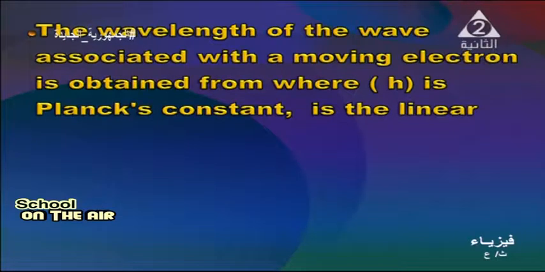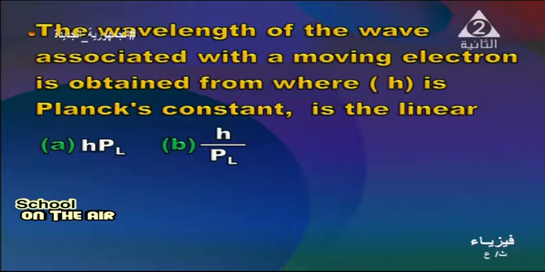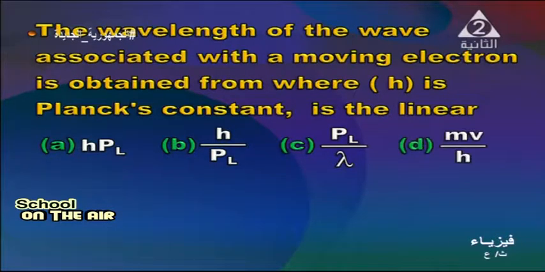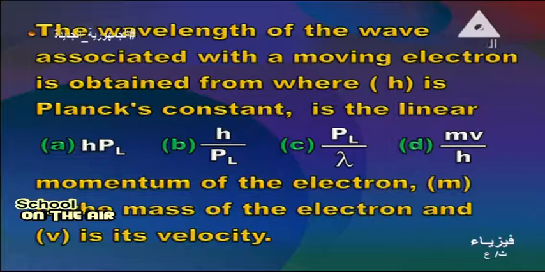The wavelength of the wave associated with a moving electron is obtained from, where H is Planck's constant and PL is the linear momentum: H times PL, H over PL, PL over lambda, or MV over H. It is de Broglie equation once again, so momentum of the electron having a mass m, velocity v.